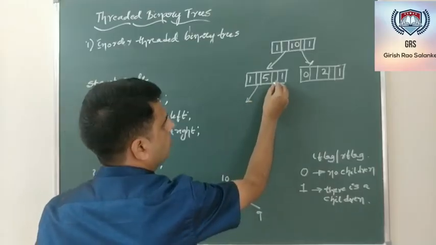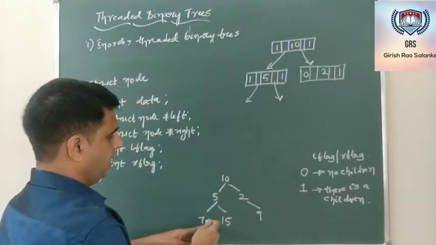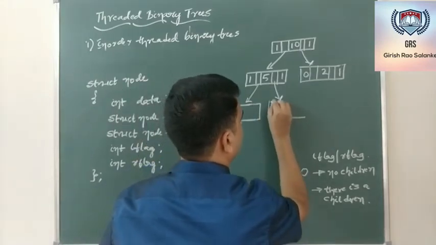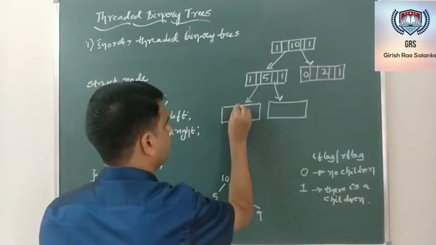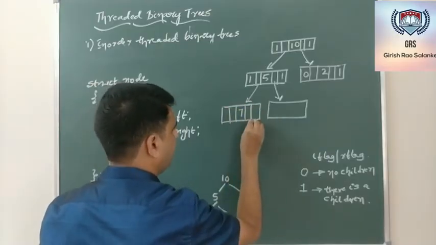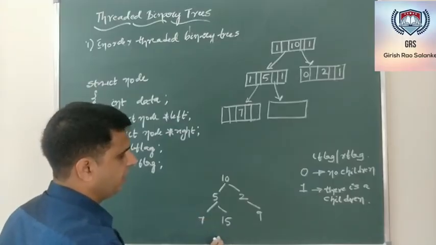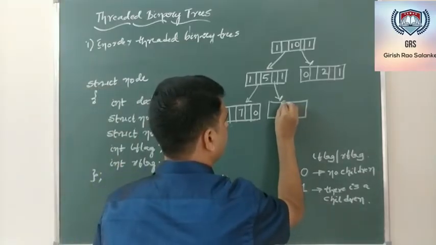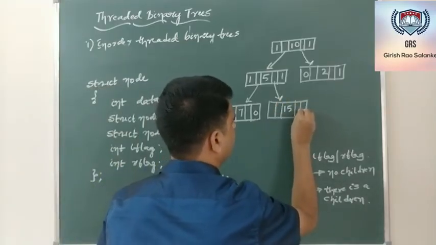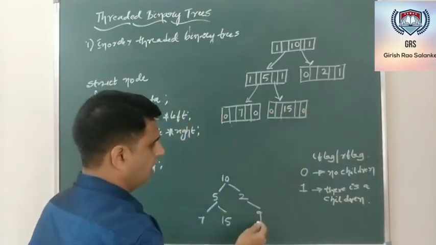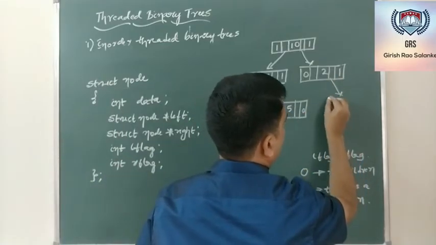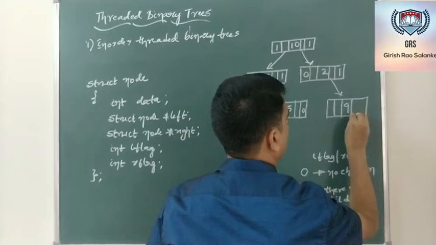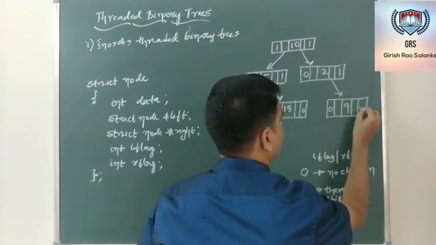Now 5 has a left child as well as a right child. The left child is 7, that is the information part. 7 does not have a left child nor a right child, so it is 0 and 0. Now 15 similarly does not have a left child or a right child, therefore it is 0 and 0 here. Now 9 does not have a left child, does not have a right child.